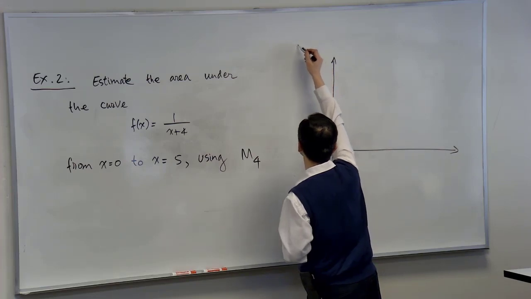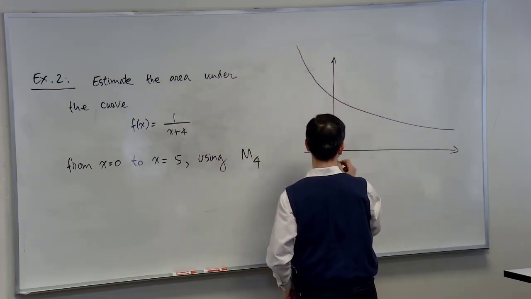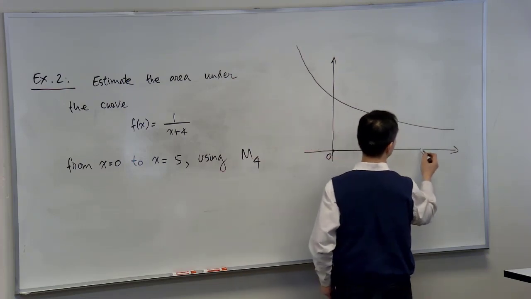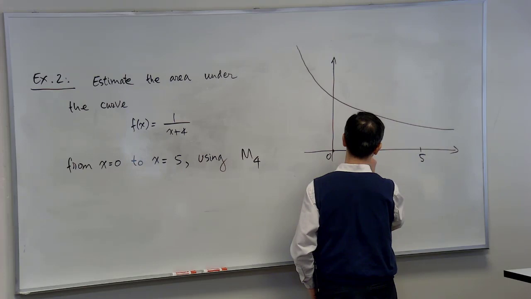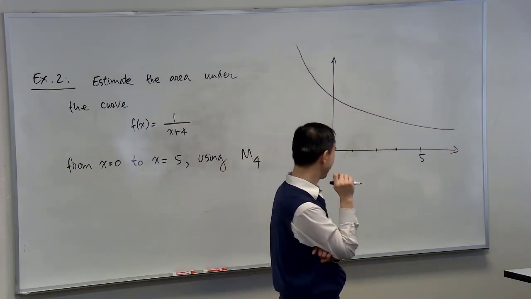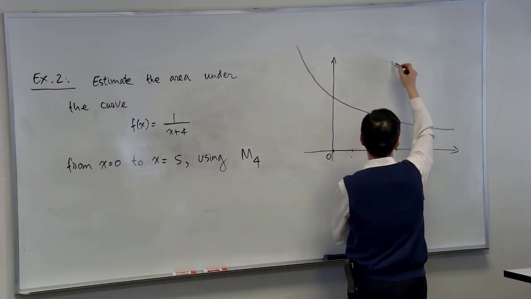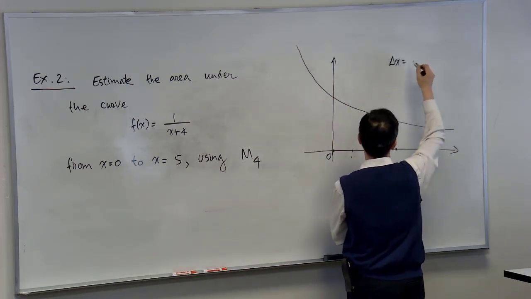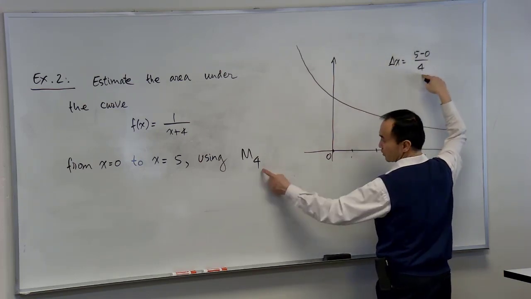We've got some curve right here, x0 at 0 and 5 here, but using 4 subintervals. Sound good? Okay. So this is 5. The delta x in this case equals 5 minus 0 over 4, since there are 4 subintervals. That's what the 4 here is for.